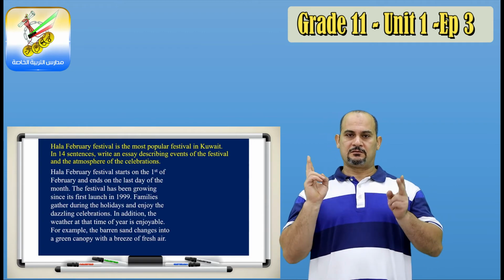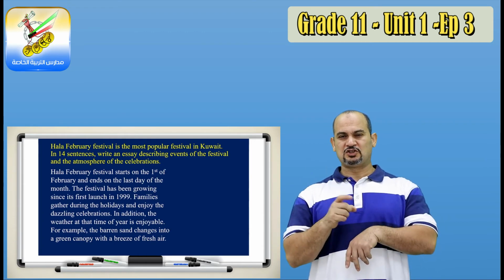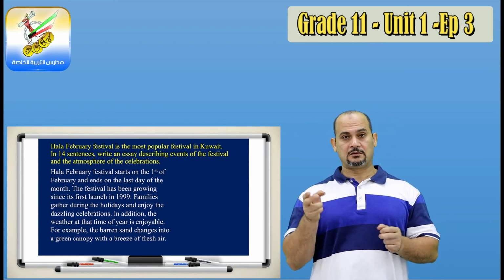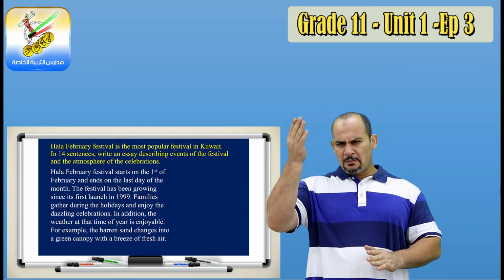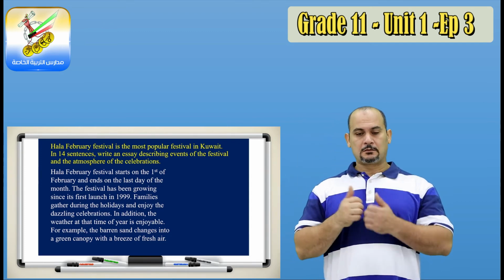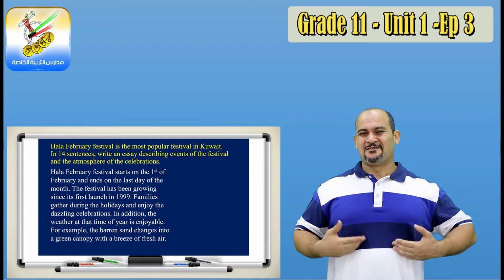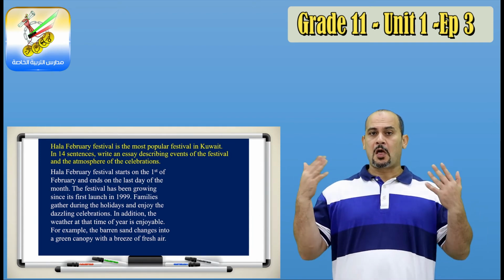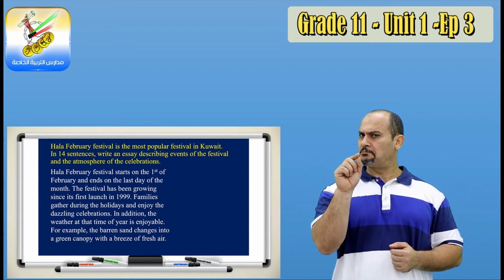Hala February Festival starts on the 1st of February and ends on the last day of the month. The festival has been growing since the first launch in 1999. Families gather during the holidays and enjoy the dazzling celebrations. In addition, the weather at that time of year is enjoyable.